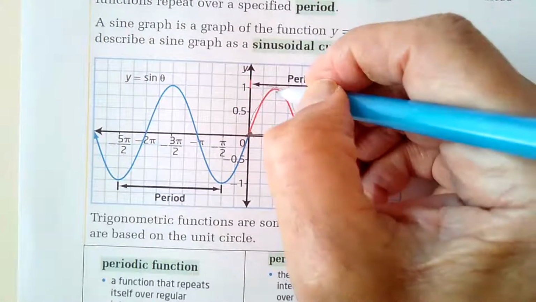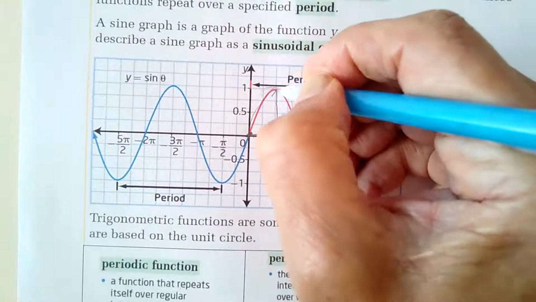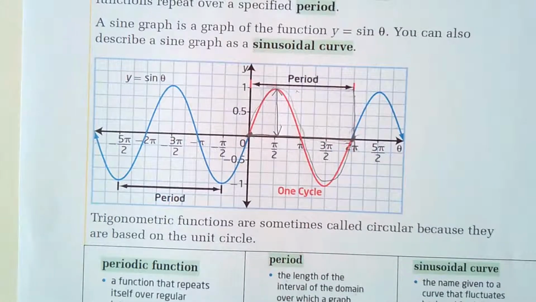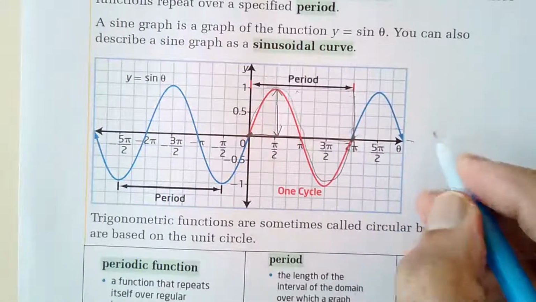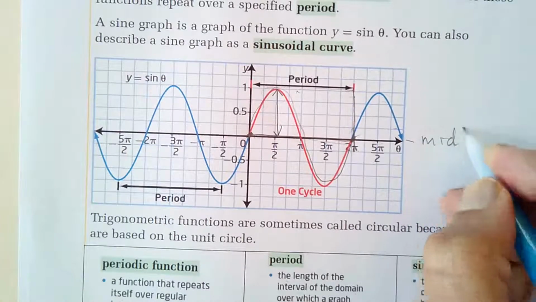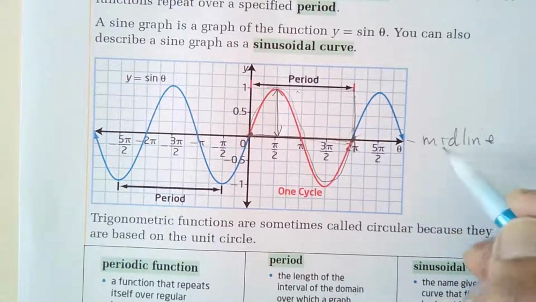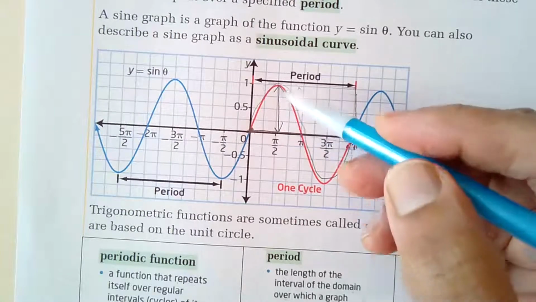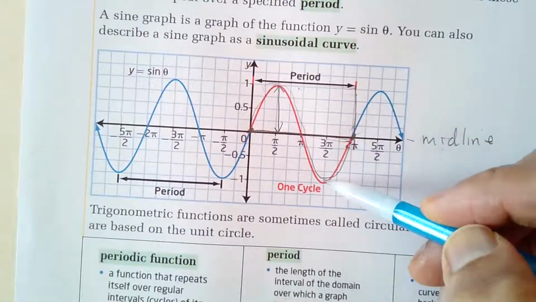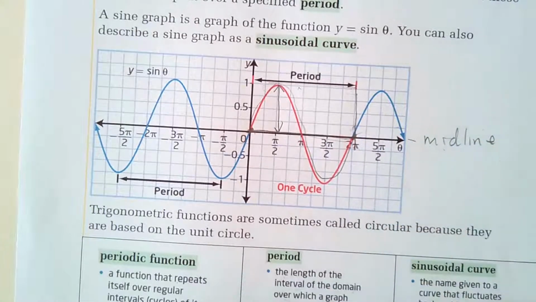The amplitude is the height from what we call the midline. The midline is halfway between the maximum and the minimum.